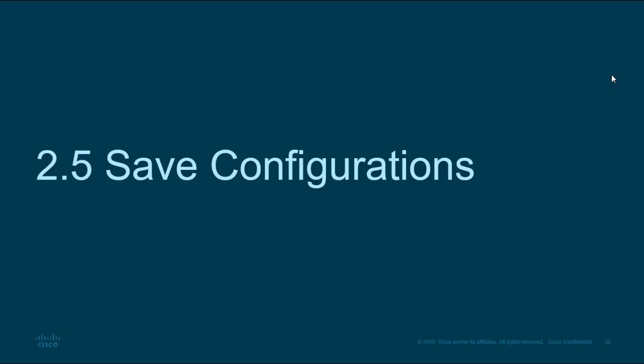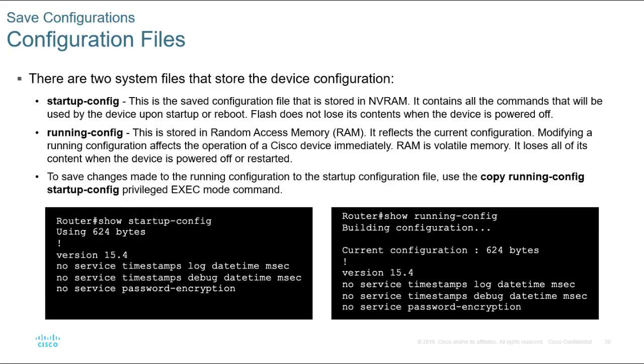Whereas if you're making a change on a Linux server and you restart that server, it will have stored that configuration. It would have been kind of saved as you go. So this part is important to avoid losing any work.